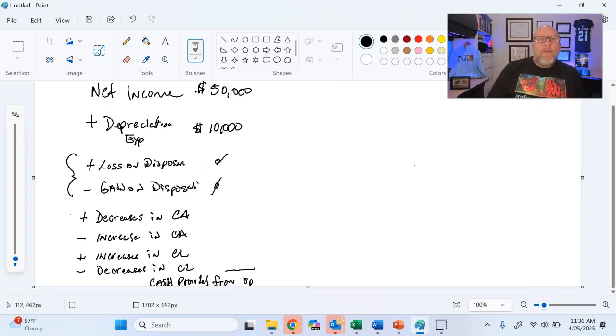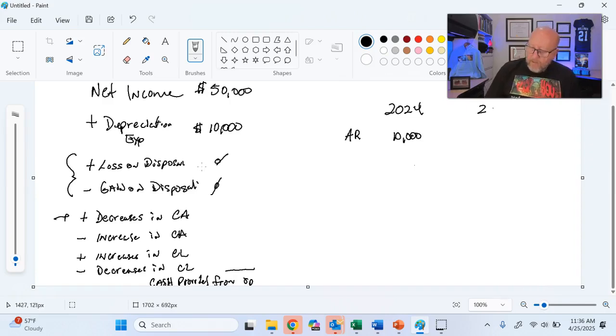So the next thing is we have decreases in current assets, okay? And I can think about accounts receivable as something fairly straightforward. So let's say that in 2024, I have accounts receivable of $10,000.